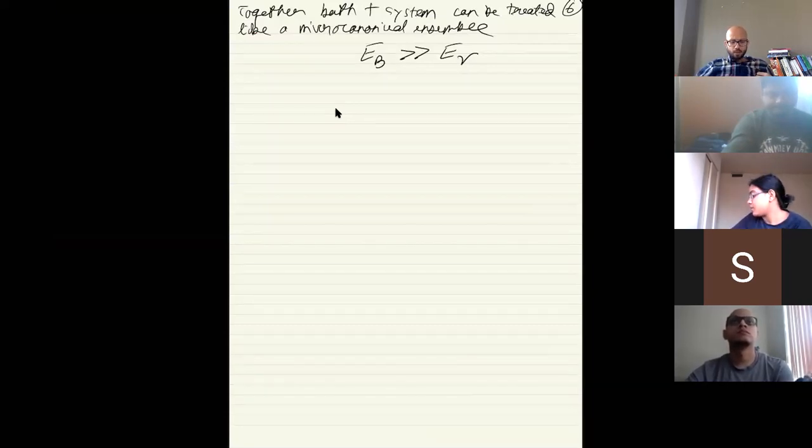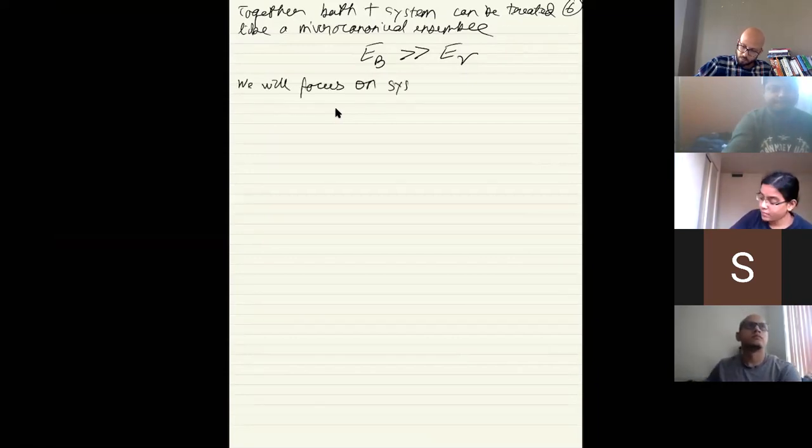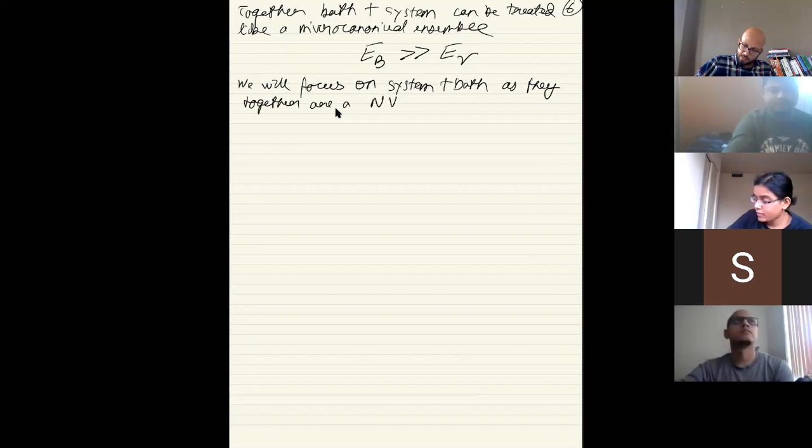So now let's calculate the total number of states accessible to this system plus bath. Why do we do that? We will focus on system plus bath, because together they are an NVE ensemble.